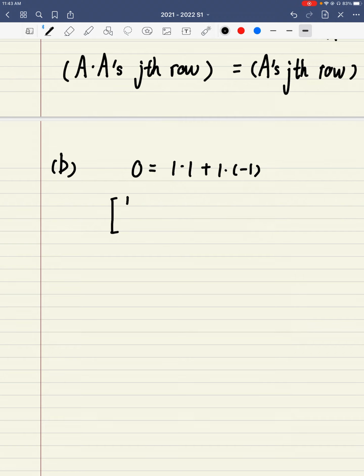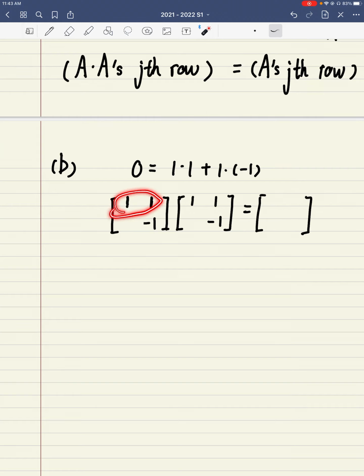If the matrix looks like this and multiplies itself, the result is also a 2 by 2 matrix. For example, 1, 1 times 1, negative 1.